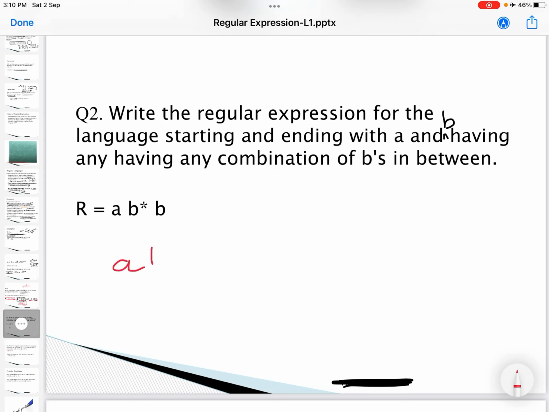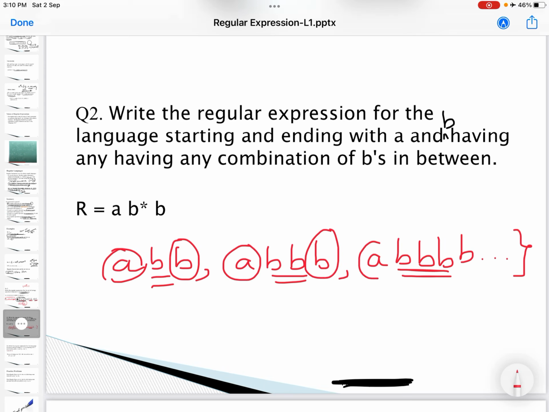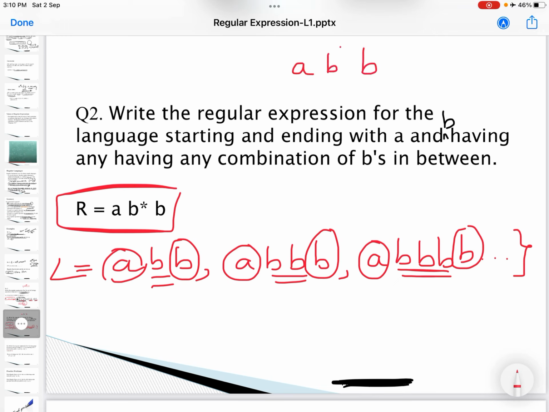So it should start with A. In between, it can have any combination of A and B, like A, B, B, B; A, B, B, B, B, and so on, starting with A, ending with B. So the regular expression will be: A should be the start, B should be at the end, and in between you can have any number of A's and B's. AB can also come in this, because if there are 0 characters in between, then AB will also be accepted.